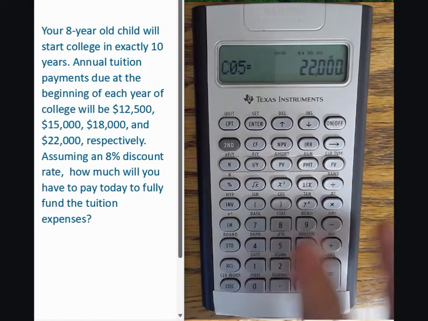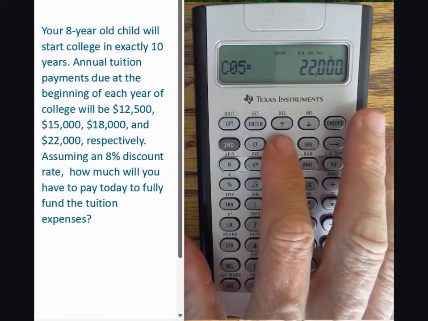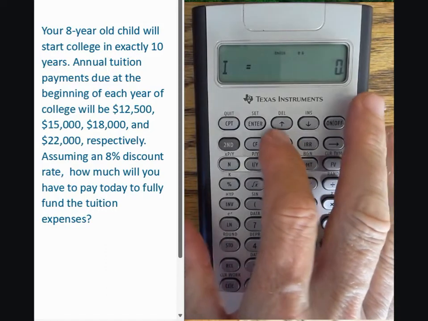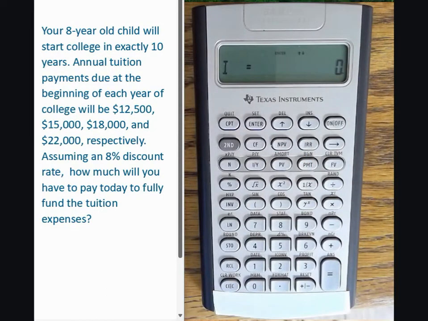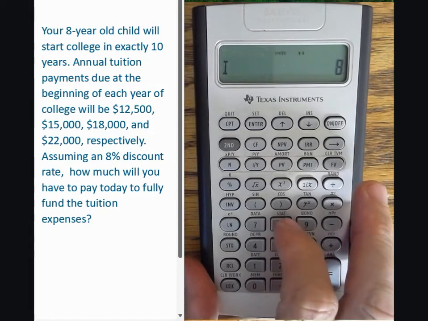So press now the NPV button. So the cash flow register there just records all the cash flows. This NPV stands for net present value. All that does is find the present values of all the cash flows and add them up. And all you need to do to get that info is give your calculator a discount rate, which in this problem is 8%. So I'm just going to press 8.